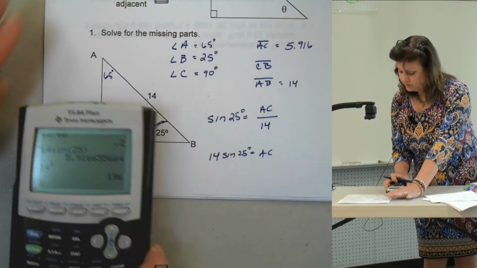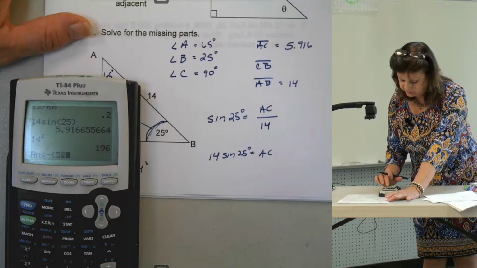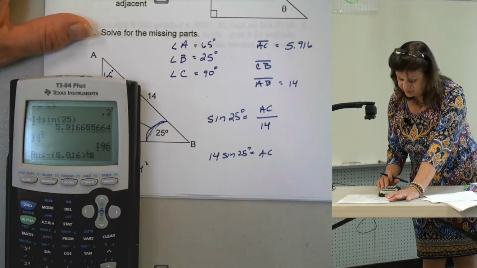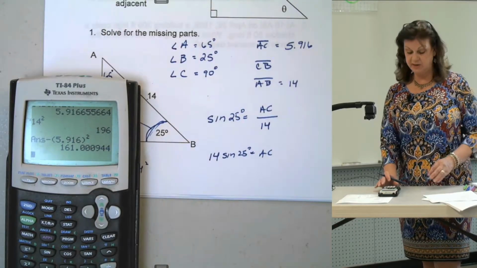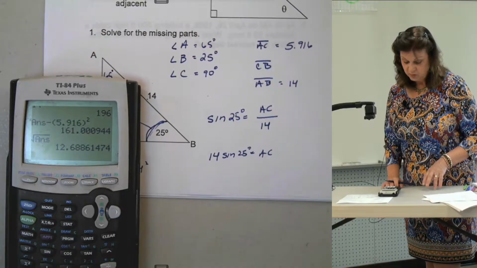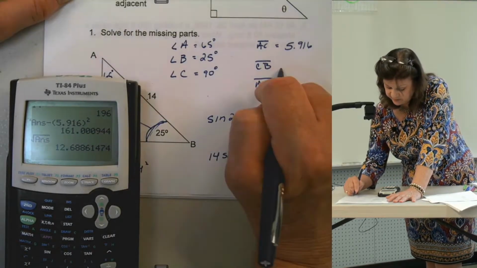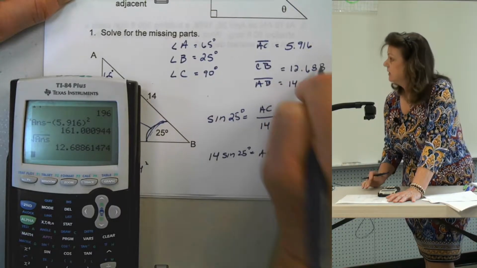So 14 squared minus 5.916 squared gives us 161.009, and the square root of that, we have a length of 12.688 units.